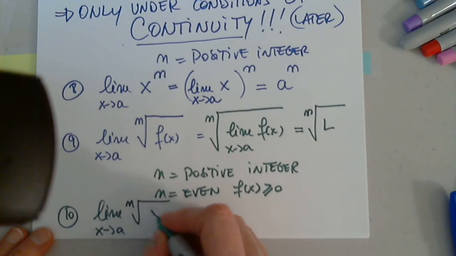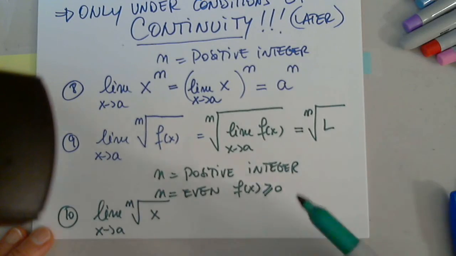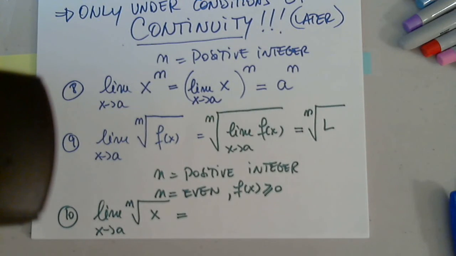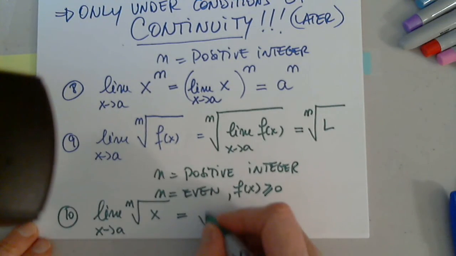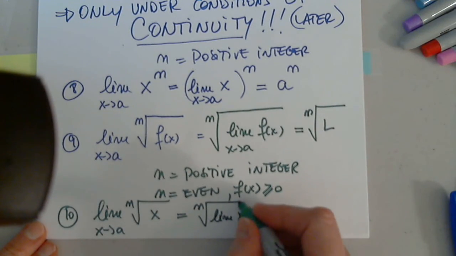So the nth root of x, same conditions, n has to be a positive integer. If n is even, then x has to be greater than or equal to 0. Can anyone give us this answer? Isaac? It would be the nth root of the limit of x. Okay, very good. That's the first step.